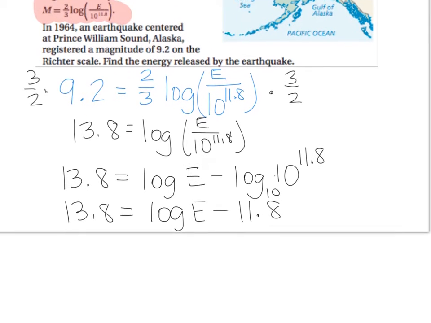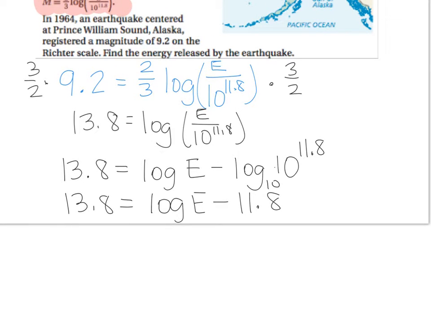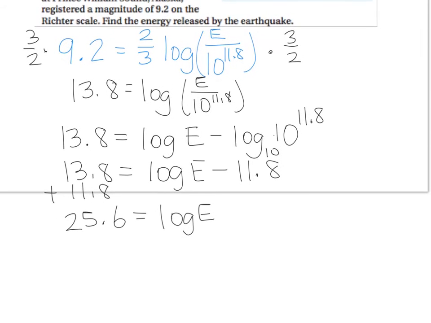Add 11.8 to both sides. And now I have a logarithmic function that I can write as an exponential. How do we write exponentials?